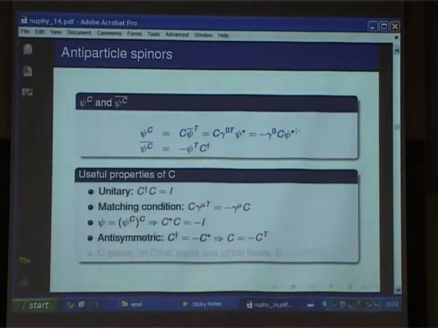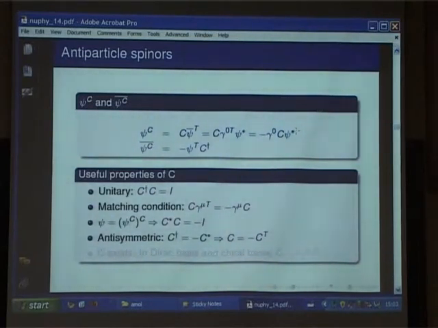With me so far? It's also useful to know some properties of C, the charge conjugation. It's often called a charge conjugation operator. It should be called a CP conjugation operator, because it doesn't only change C, it changes even parity. So this C will take a neutrino to an anti-neutrino. It will take a left-handed neutrino to a right-handed anti-neutrino.